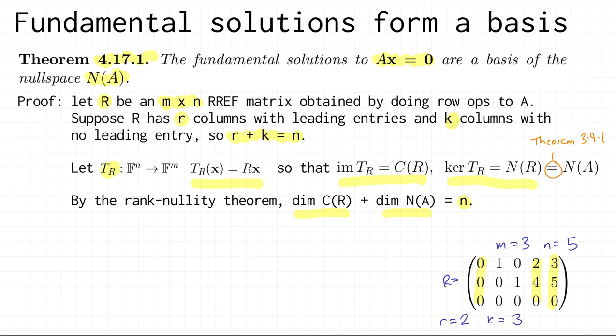Now we're going to use some more results that we proved. One of the things we showed was that we identified these fundamental solutions and proved that they were linearly independent.